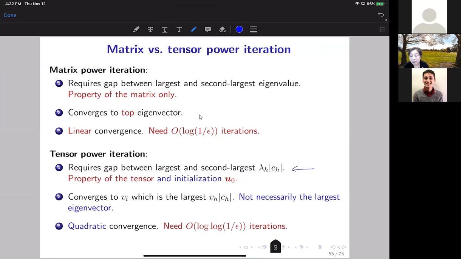And therefore, this lambda h multiplied with absolute value of C h is very large, larger than anyone else. But actually, the lambda h is very small. So basically, we will be recovering an unimportant component, right? Under this very unlucky initialization. So that's the problem for this tensor power iteration. But the nice thing about tensor power iteration is that it's quadratic convergence, whereas matrix power method is linear convergence. Okay.